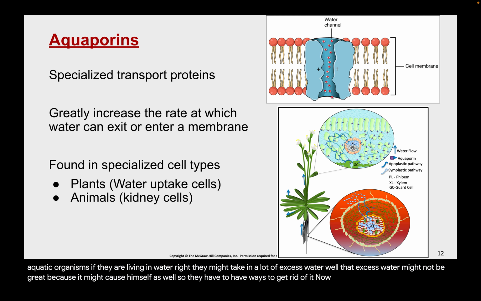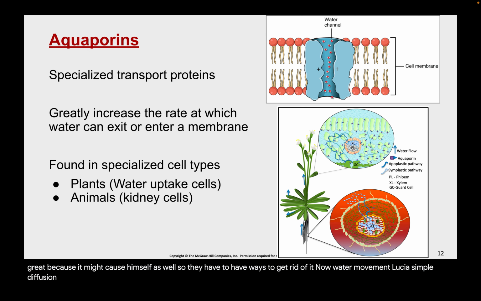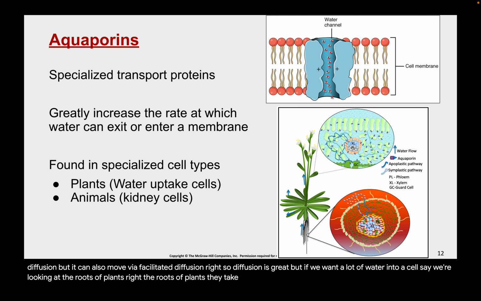Now, water moves via simple diffusion, but it can also move via facilitated diffusion, right? So diffusion is great, right? But if we want a lot of water into a cell, say we're looking at the roots of plants, right? The roots of plants, they take up water from the soil.